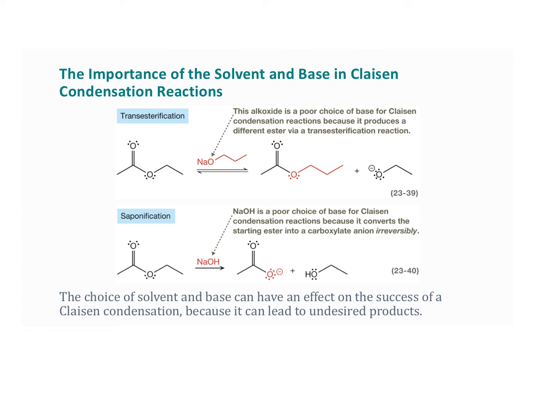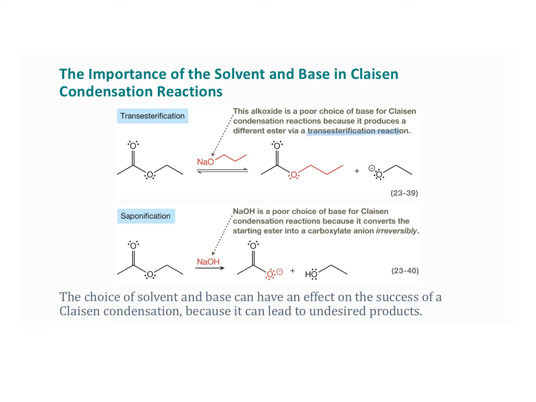So the reason is, if the base were an alkoxide other than an ethoxide, then the transesterification would produce an ester that's different from the starting material. So you can see that here. The alkoxide that's shown here is a poor choice because it produces a different ester via the transesterification reaction, right?